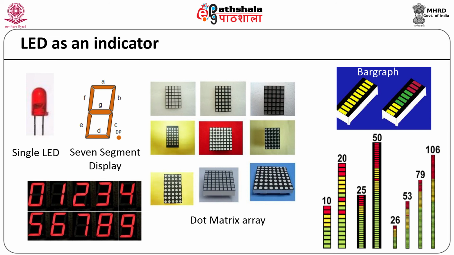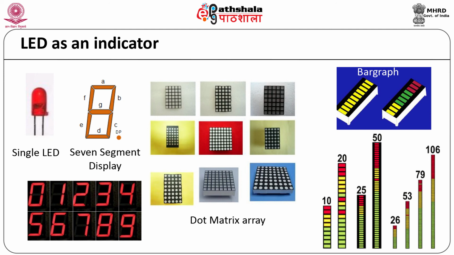If we want further clarity, then we should go for a dot matrix array. Here you can see different sizes of dot matrix arrays where a number of LEDs are constructed in rows and column fashion. This is another kind of LED indicator which is called a bar graph. In the first bar graph, you can see same color LEDs arranged in one particular column, while in the second bar graph, different color LEDs are used.